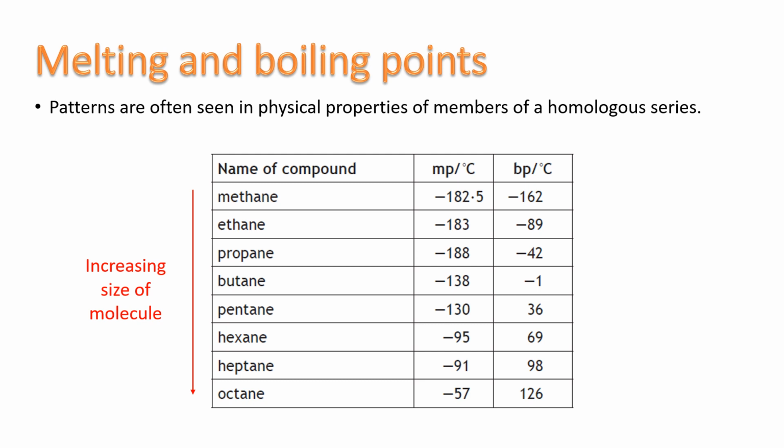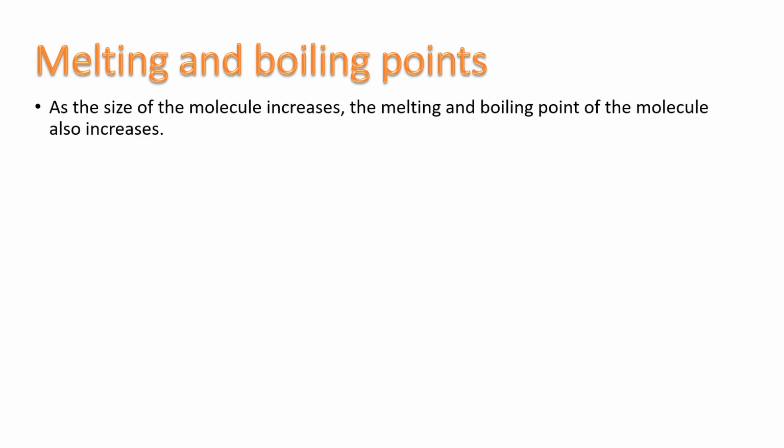The number of carbons in the molecule is also increasing. And you can see from the melting and boiling points that these are also increasing. So what we can say is that as the size of the molecule increases, the melting and boiling point of the molecule also increases. Now let's have a wee think about why this is.